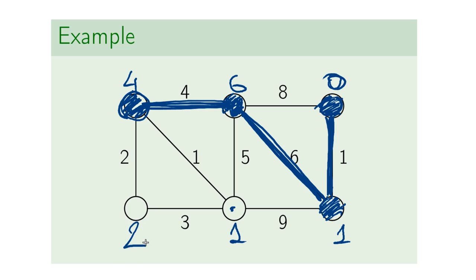Now we have 2 vertices in our priority queue, one of priority 1 and one of priority 2. So we select this vertex. Now it is in our tree and it is connected by this edge.